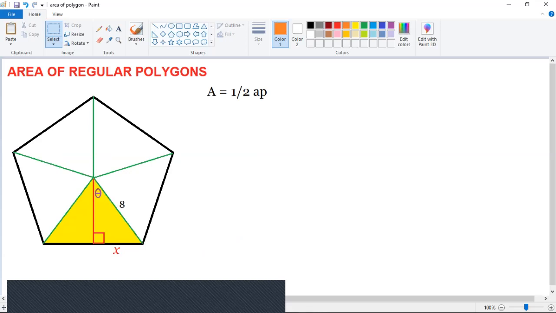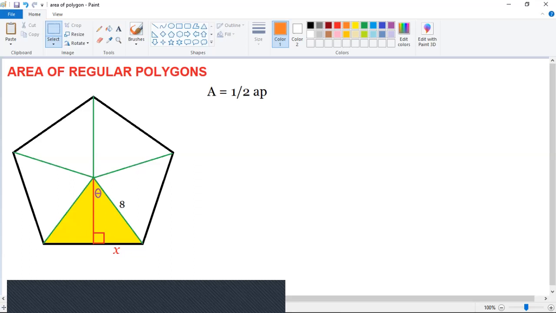And x here is given to be half of the whole side. The formula for the area of a polygon is half AP. We need the apothem, which is not given. We need the perimeter. To solve for the perimeter, we need the whole side length times 5, and we don't have those values. We are only given the 8 here with the x.